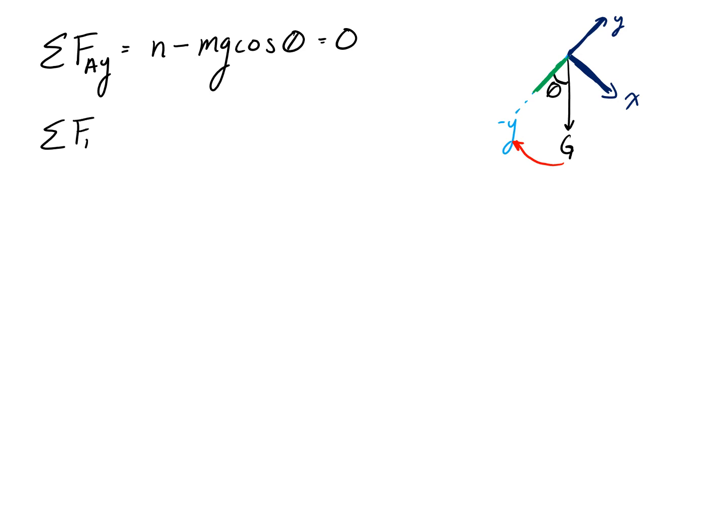If I look at AX, again, going back to my free body diagram, there should be an A here, MAG sine theta. Again, some amount now is pointing in my X direction.